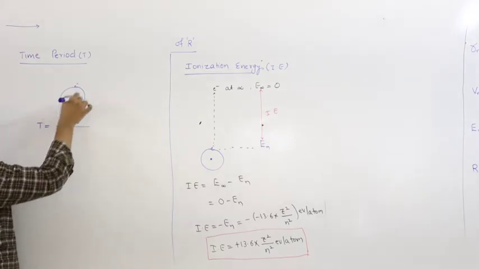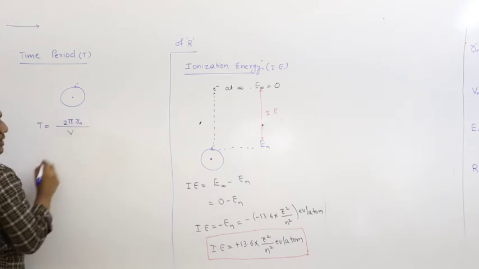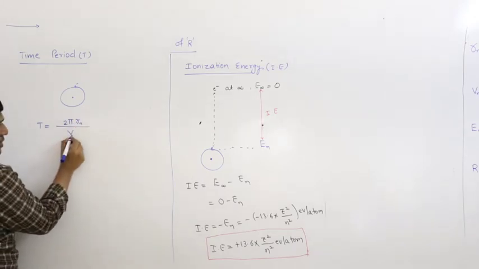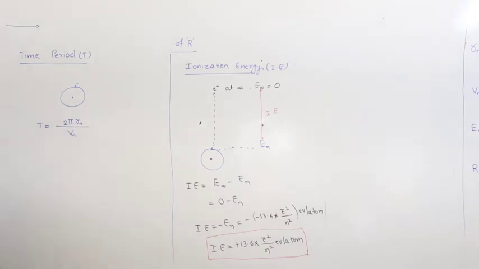Suppose if it is present in nth orbit in general, so radius of electron in nth orbit, velocity of electron in nth orbit.